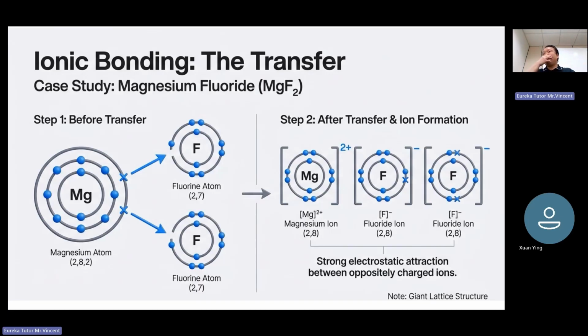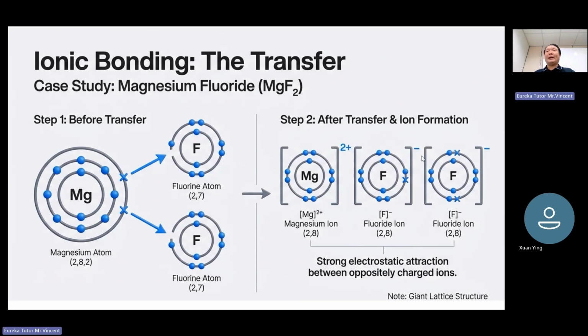So magnesium loses 2 electrons to the fluorines, forming the magnesium atom with the fluorine atoms. If it loses the 2 electrons to the fluorines, it itself becomes 2 plus.